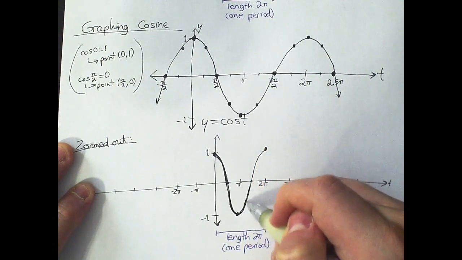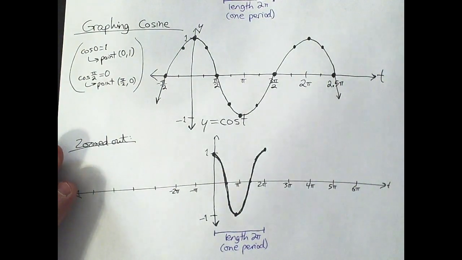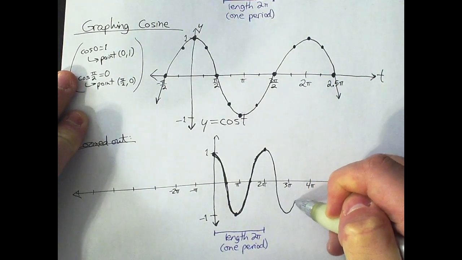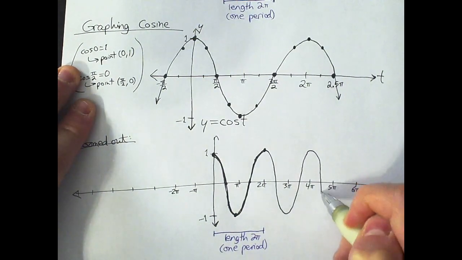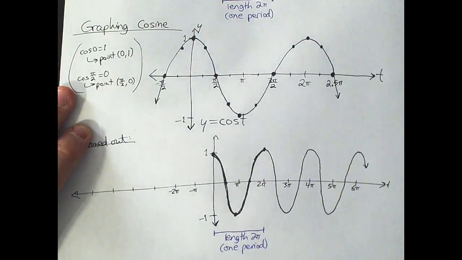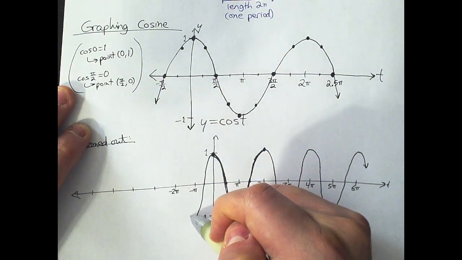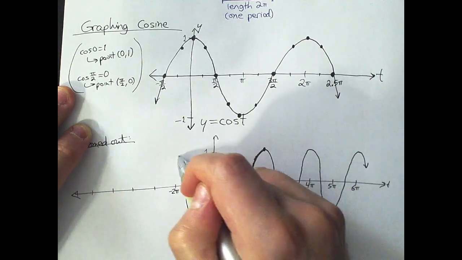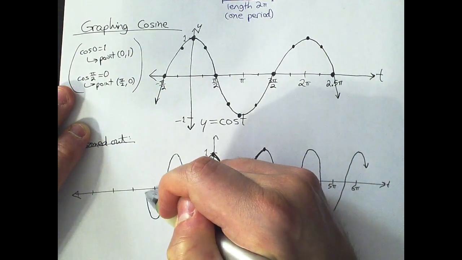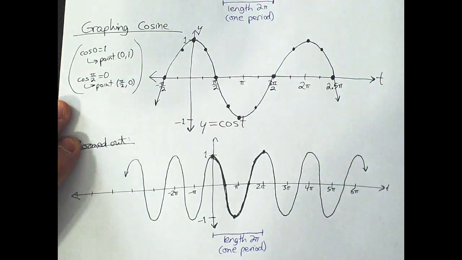If I take this part of the picture and copy and paste it to the right, and put a bunch of copies of it to the right, and then also a bunch of copies of it to the left, what's going to happen? Something like that.